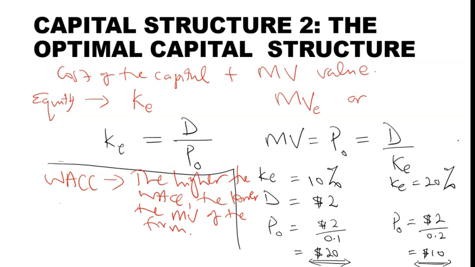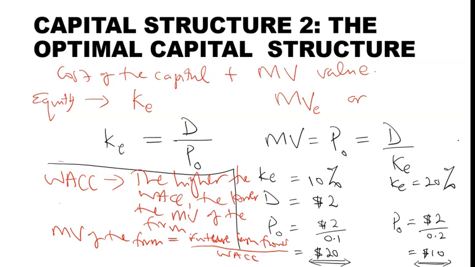Okay? Now, what are we saying? We are simply saying the market value of the firm is equal to the future cash flows obtained from this firm's operations, all discounted by the WACC.